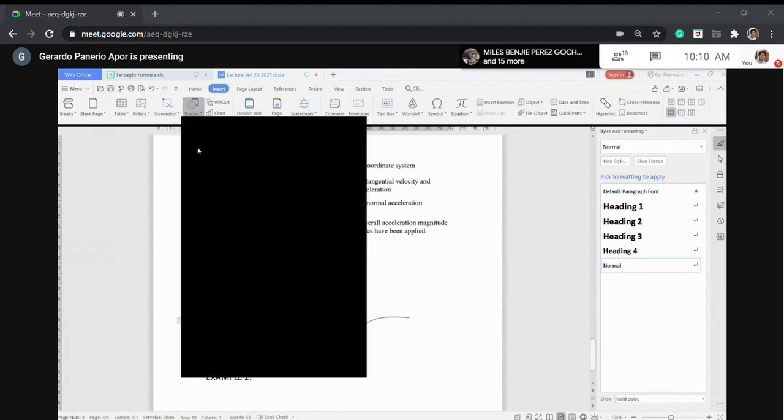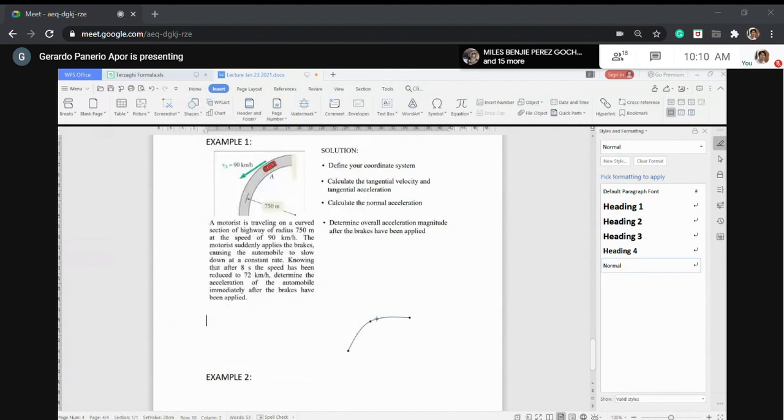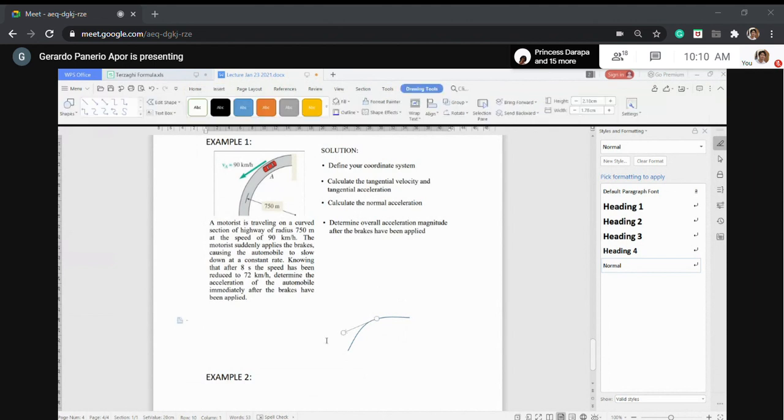Insert shape. Okay. For the arrow, we just change the color.